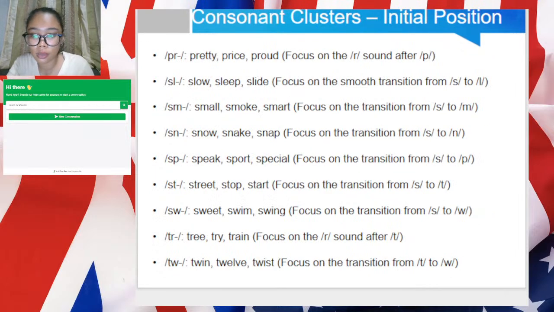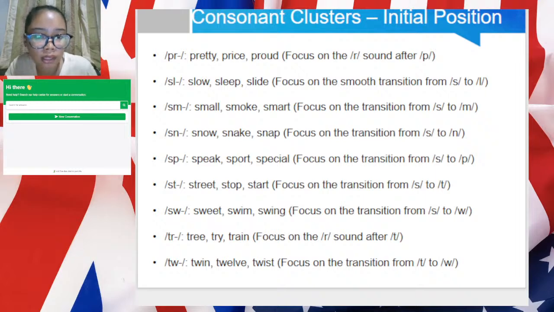Next, pretty, price, proud, slow, sleep, slide, smooth. This one's a little bit tricky because it's not totally blending that much. It's almost separated.